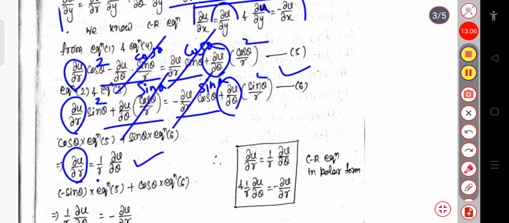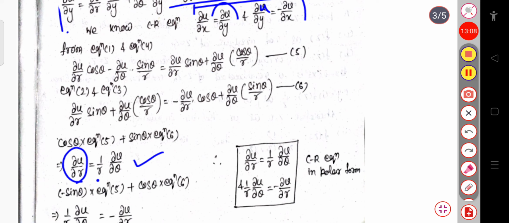Now, similarly if we multiply minus sinθ in equation 5, this term will be minus sinθ. Here minus minus becomes plus sin²θ, here minus sin²θ minus sinθ cosθ by r, and in equation 6 you have to multiply by cosθ. So this will be cosθ into sinθ, here cos²θ, and in this term cosθ. Clear? Now let us see.